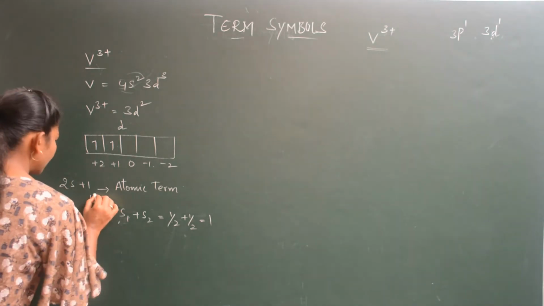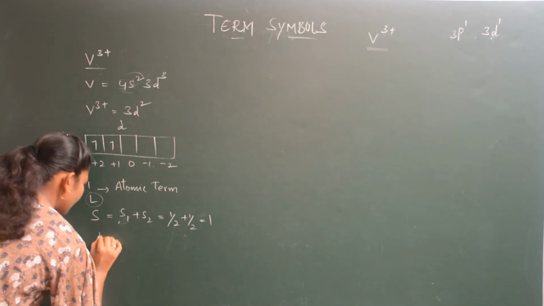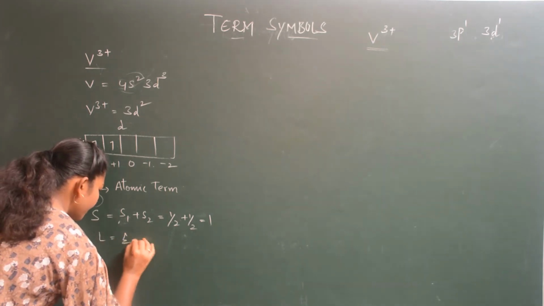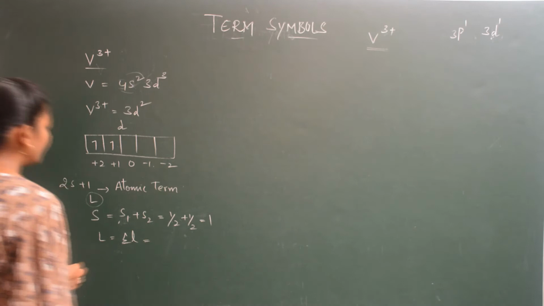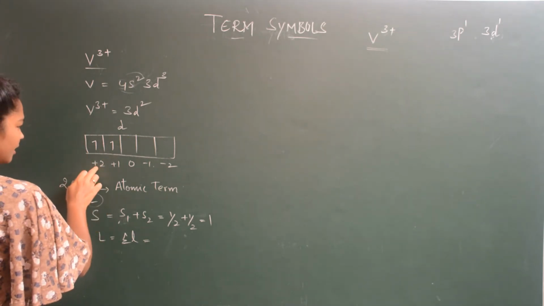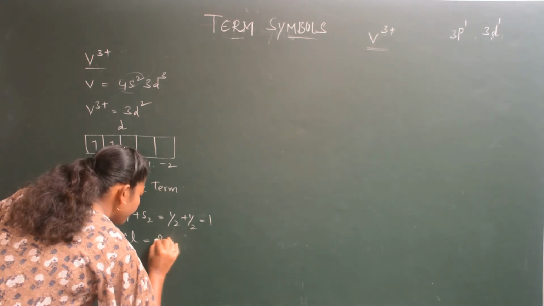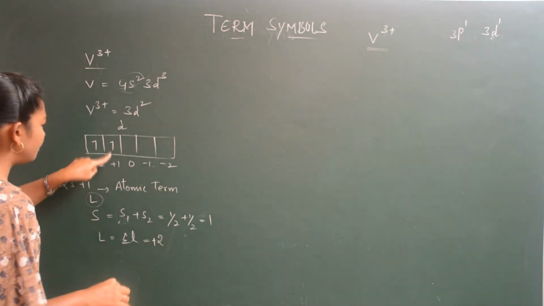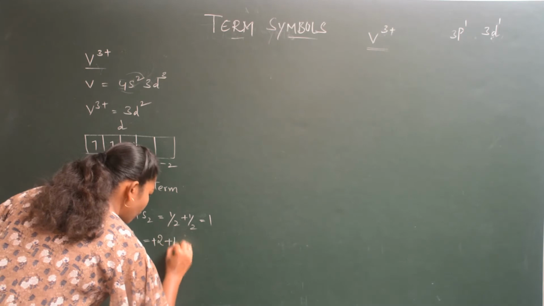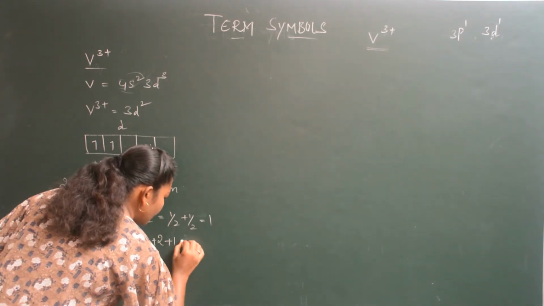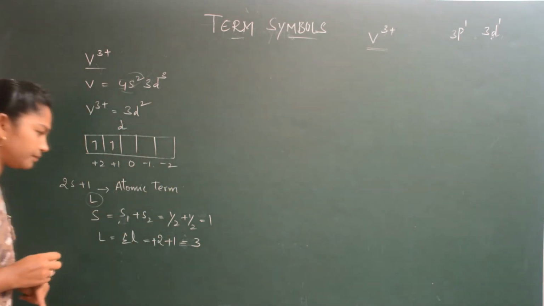Now, what is the L value? L is equal to the summation of L's. Here, how many L's do we have? L1, L2. In the place of L1, you have plus 2. In the place of L2, you have plus 1. That means you got 3.